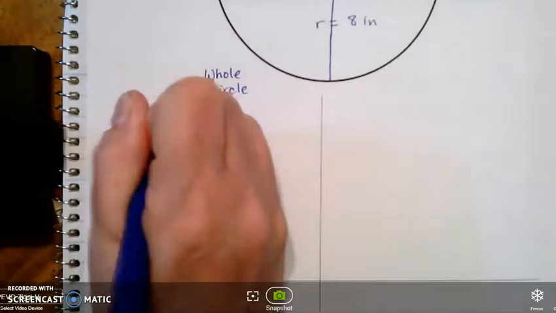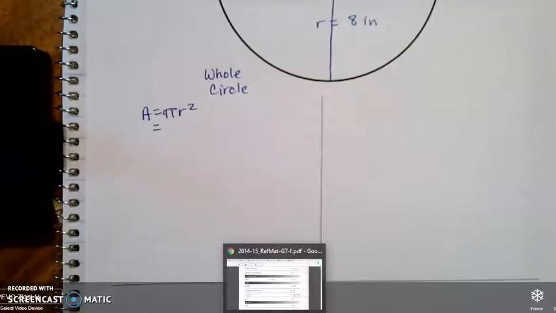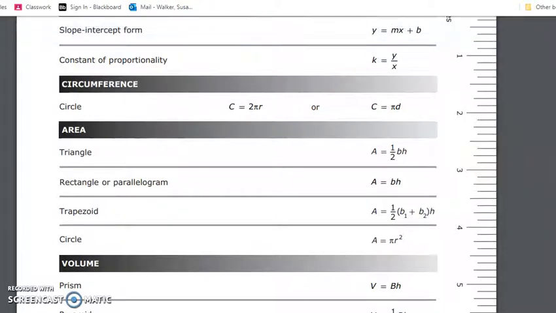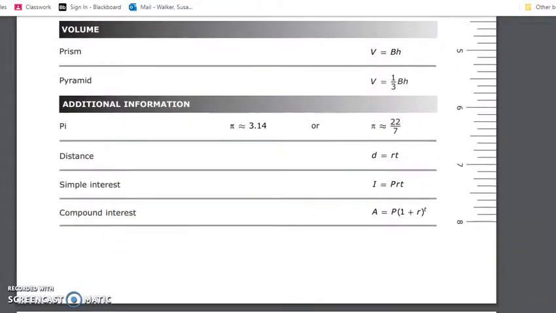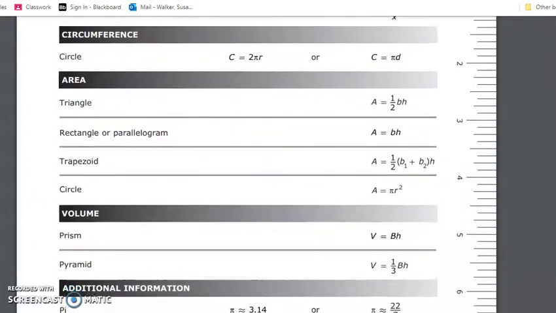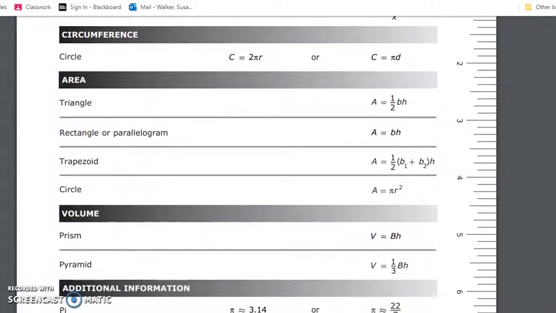Remember, pi, if you don't remember, look back at your formula charts. Pi is right there, equals 3.14. That's what we're going to use. That's an estimate, but that's the estimate we're going to use.